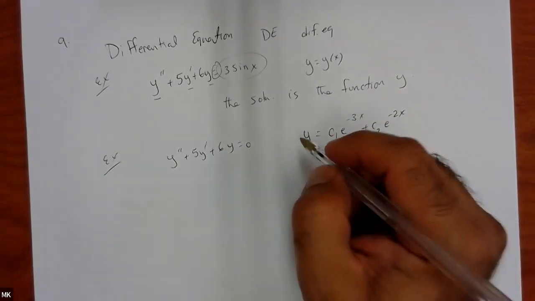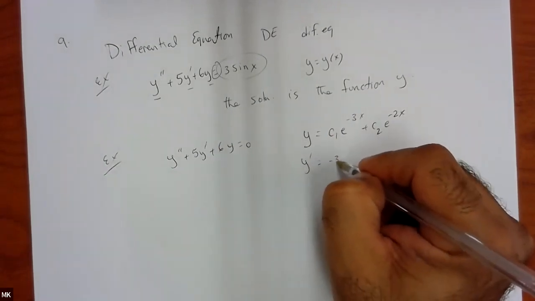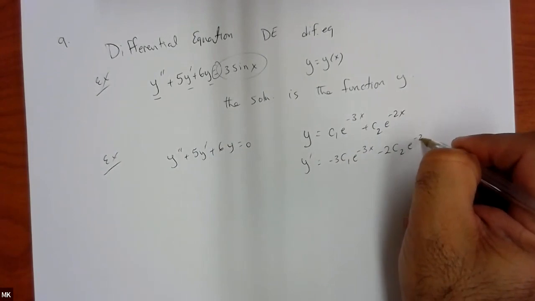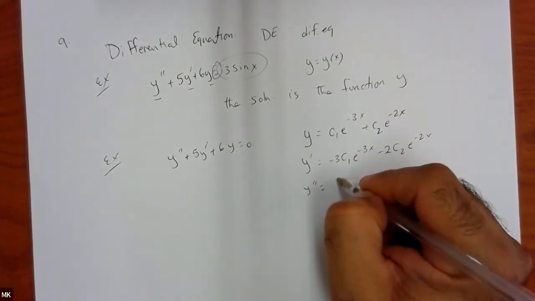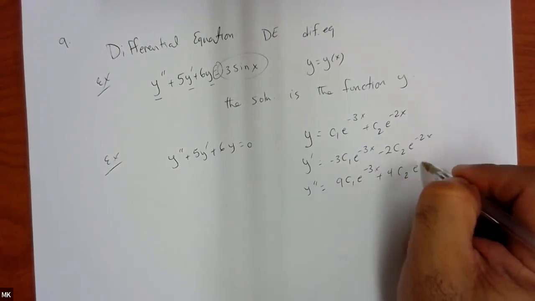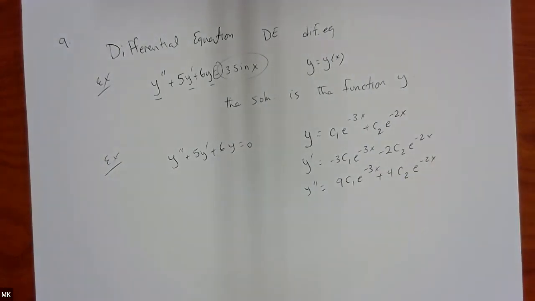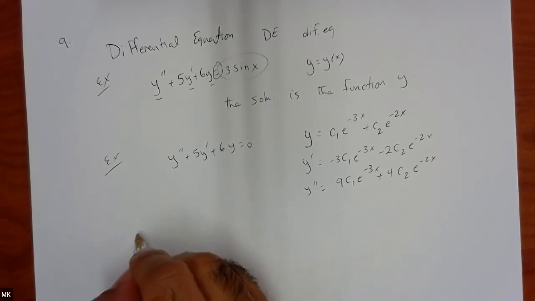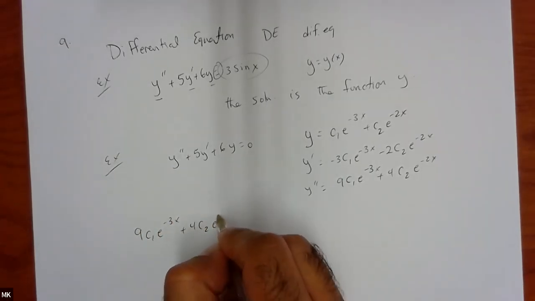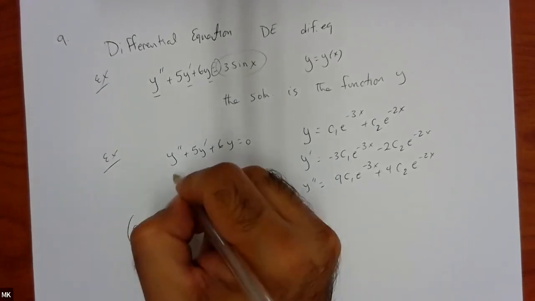If you don't believe me, let's calculate it. y prime would be negative 3c1 e to the negative 3x minus 2c2 e to the negative 2x, and y double prime would be 9c1 e to the negative 3x plus 4c2 e to the negative 2x. Plug it in, you get 9c1 e to the negative 3x plus 4c2 e to the negative 2x for y double prime.